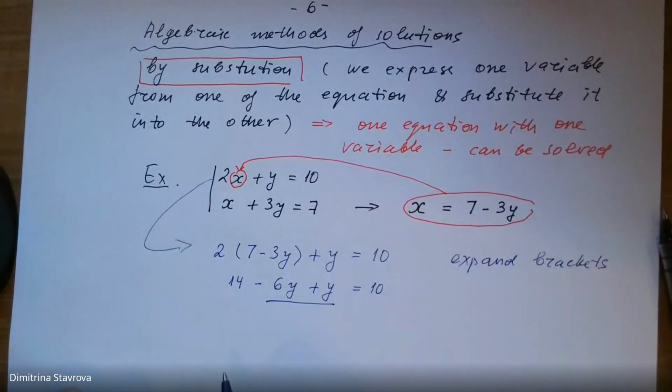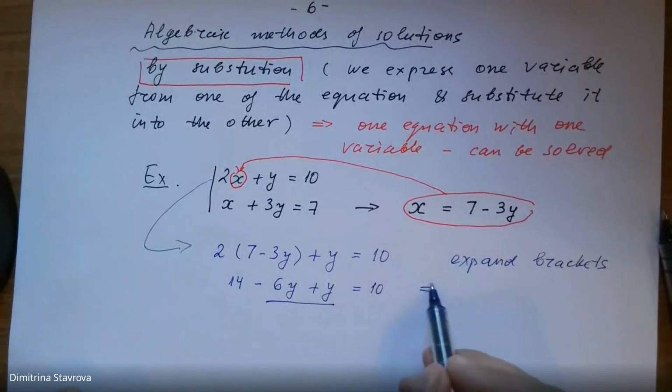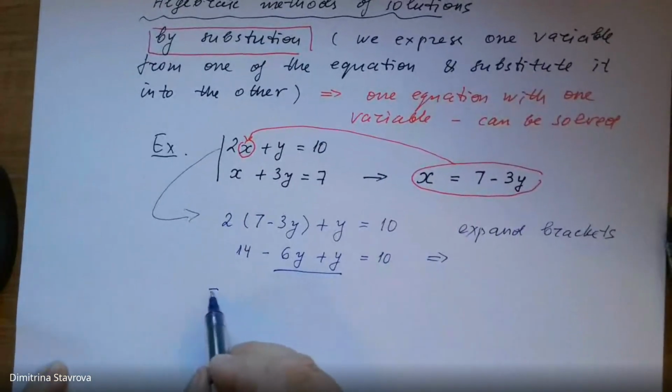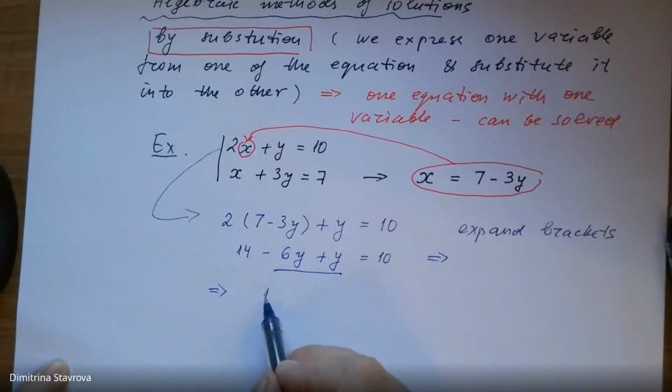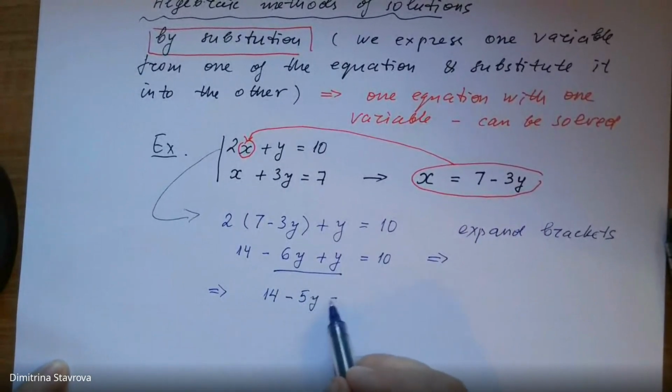Minus 6y plus y will give us minus 5y. So from this equation, we obtain the equation 14 minus 5y equals 10.